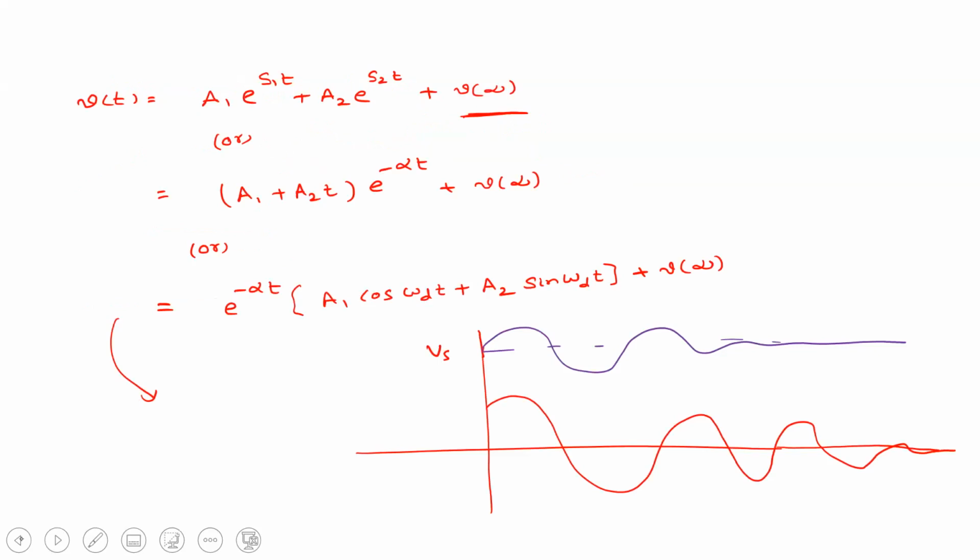We can safely replace it with i(t) or v(t), either the voltage across the capacitor or inductor, or the current through the inductor. The difference is that on one side you have i(t) and here you have i(infinity).